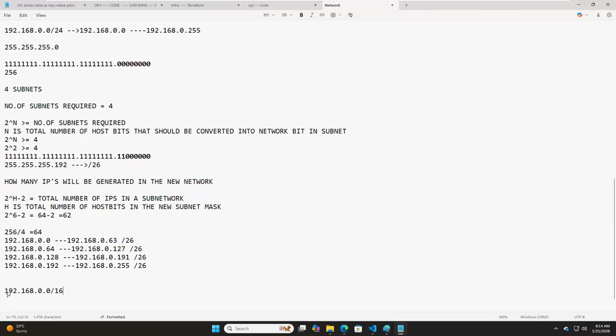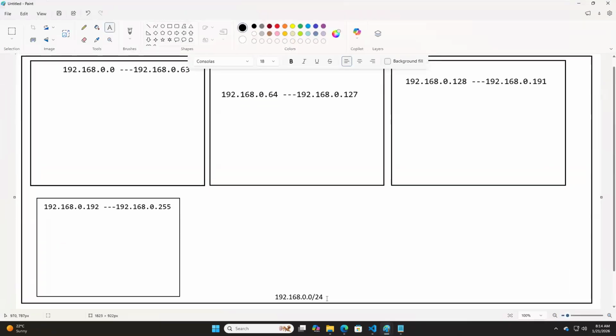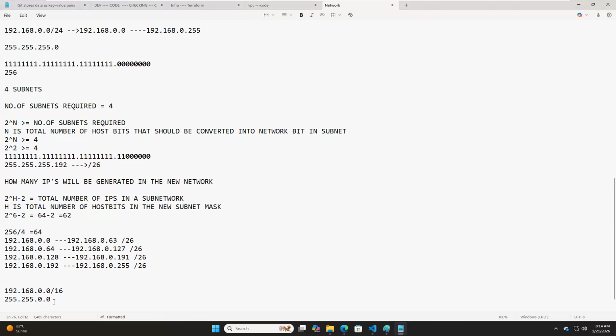Even you can configure like this also. If you say 255.255.0.0, the total number of devices that I can configure under this network, for example, if I go back to the same example 192.168.0.0/16, the total number of IPs I am going to get is 65,000 IPs.